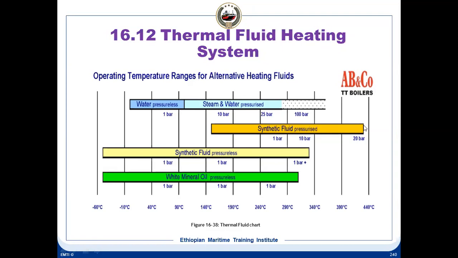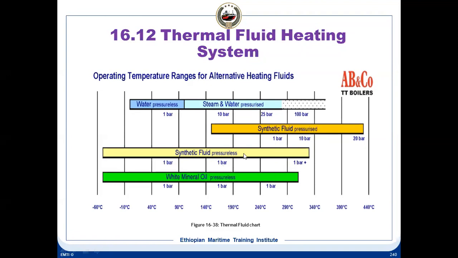But on board our ships, the maximum that we require is for your fuel oil to be heated up to 140 before injection to the main engine. The cargo never needs to be heated up to 140, 150 degrees centigrade. So that is the maximum temperature which you need, and for that, our normal steam does the job.